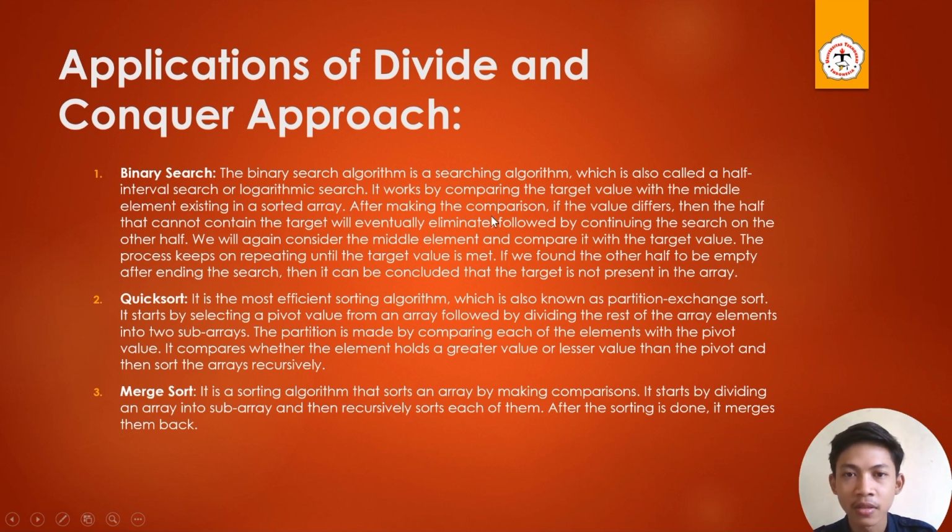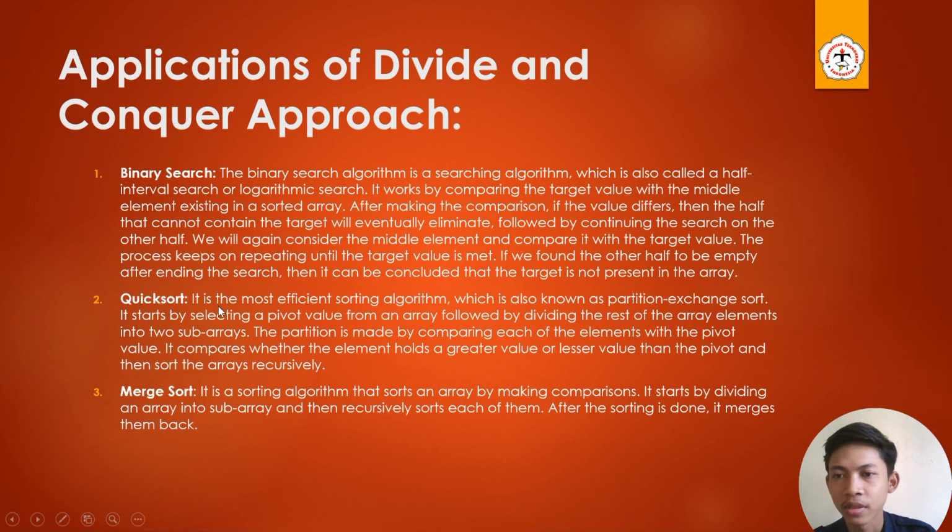After making the comparison, if the value differs, then the half that cannot contain the target will eventually be eliminated, followed by continuing the search on the other half. We will again consider the middle element and compare it with the target value. The process keeps on repeating until the target value is met. If we find the other half to be empty after ending the search, then it can be concluded that the target is not present in the array.